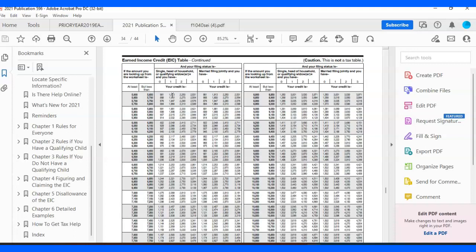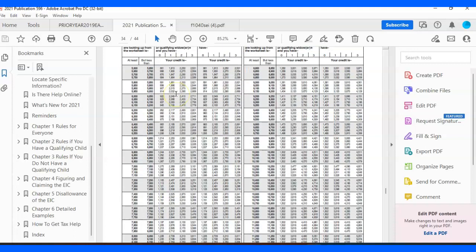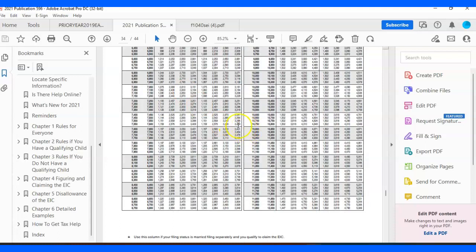Just like I said earlier, if you're in a situation where you don't have the form itself, but you had the worksheet for this earned income tax credit situation, then you will still be able to fill out that worksheet and get the answer you need, which still should match the EIC table. So that's how that works.